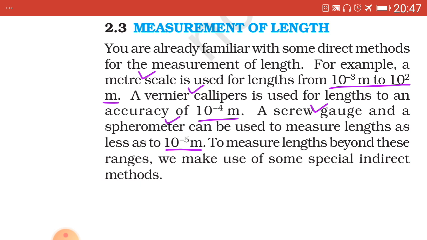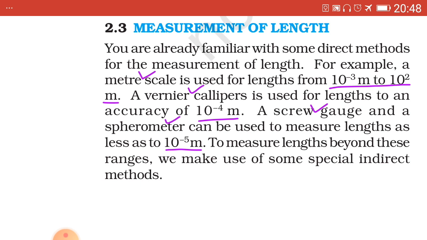After the decimal, 2 digits have to be written in the measurement for better accuracy. The least count of the vernier caliper is 0.01 centimeter, which is equal to 10 raised to minus 2 centimeter.